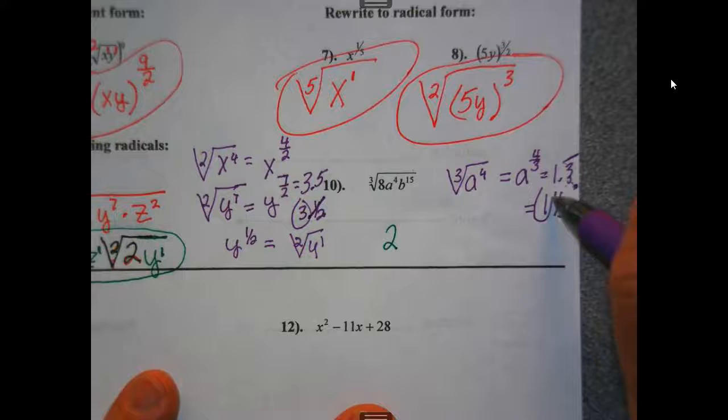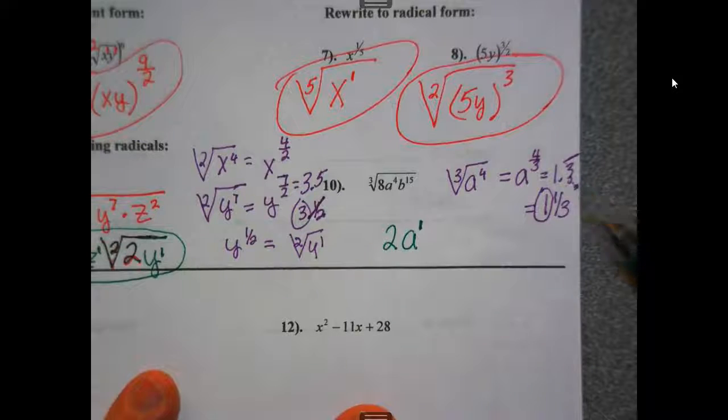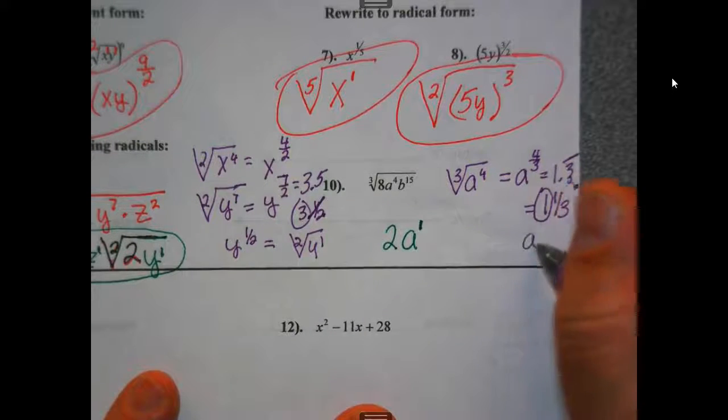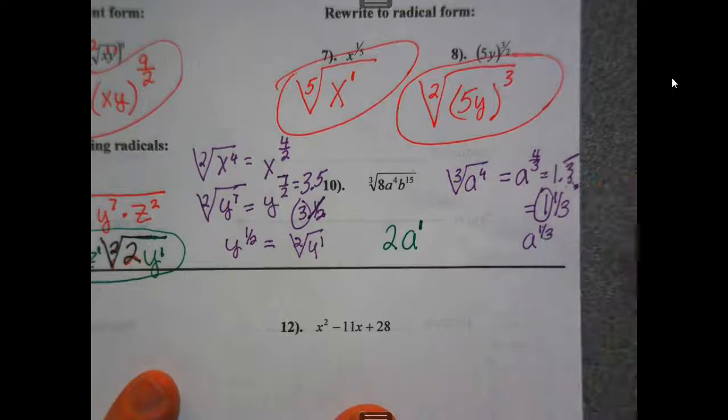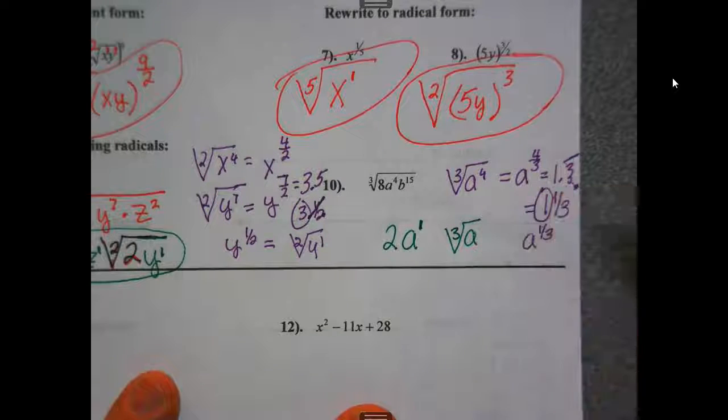So I'm going to take the whole number 1, put that with my a, and I'm going to have a to the 1/3 left over, which is the cube root of a to the 1st, right?